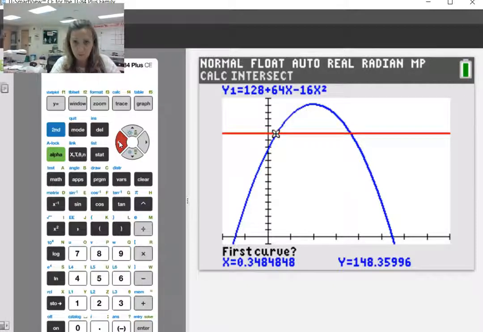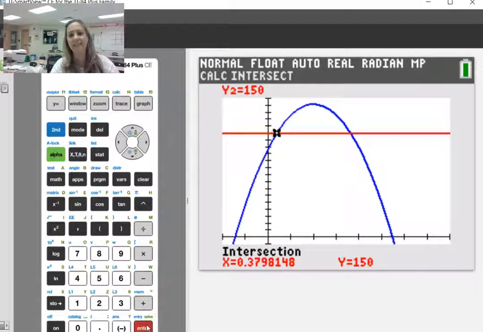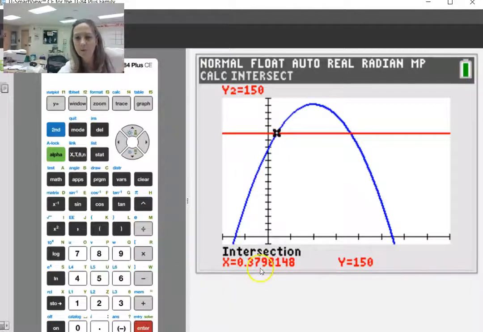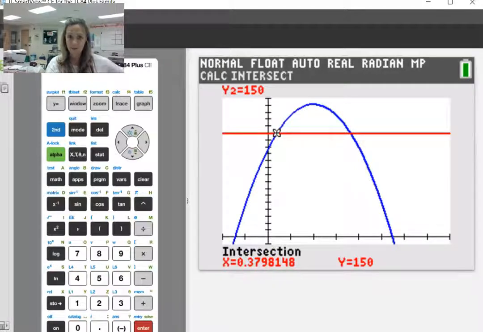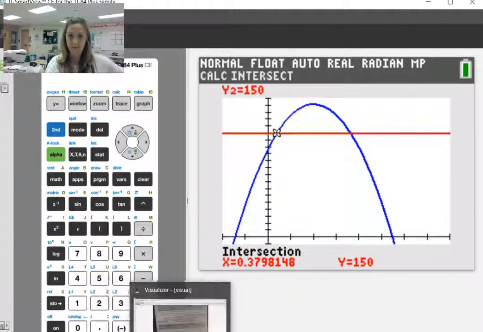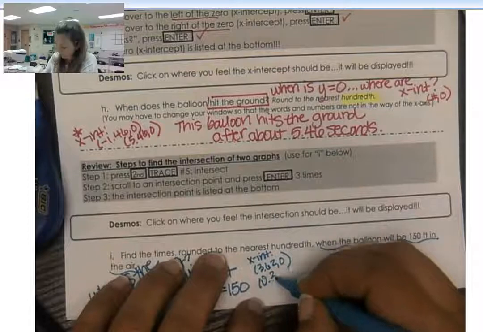So that looks pretty close. And so now once I'm close, I just hit enter for y1, enter for y2, enter for my guess. And notice this is 0.3798. If I go to the nearest hundredth, I look at the 7 and look to the right, that 9 bumps it up to 0.38. So I'm going to write that my other point was 0.380.